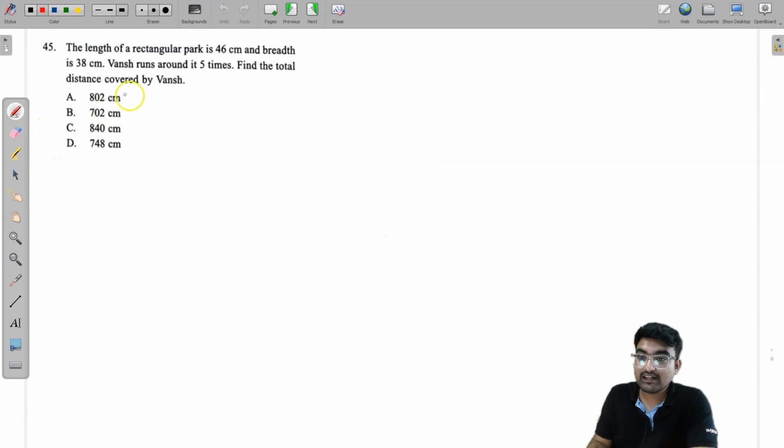Now the length of a rectangular park is 46 cm and breadth is 38 cm. Vansh runs around it 5 times. Find the total distance covered by Vansh. Okay, let's say this is the rectangular park. 46 is its length, and 38 centimeter is its breadth.